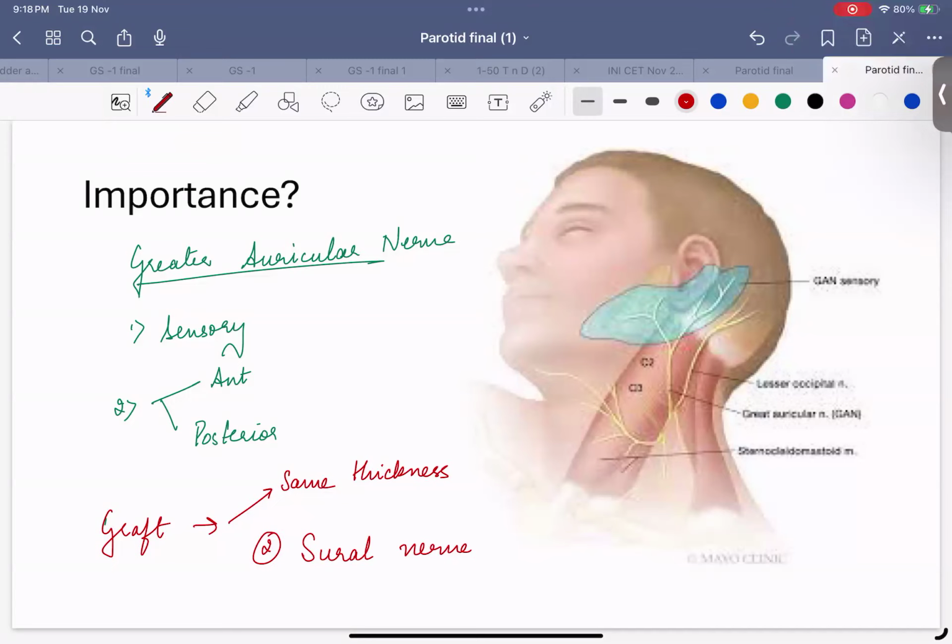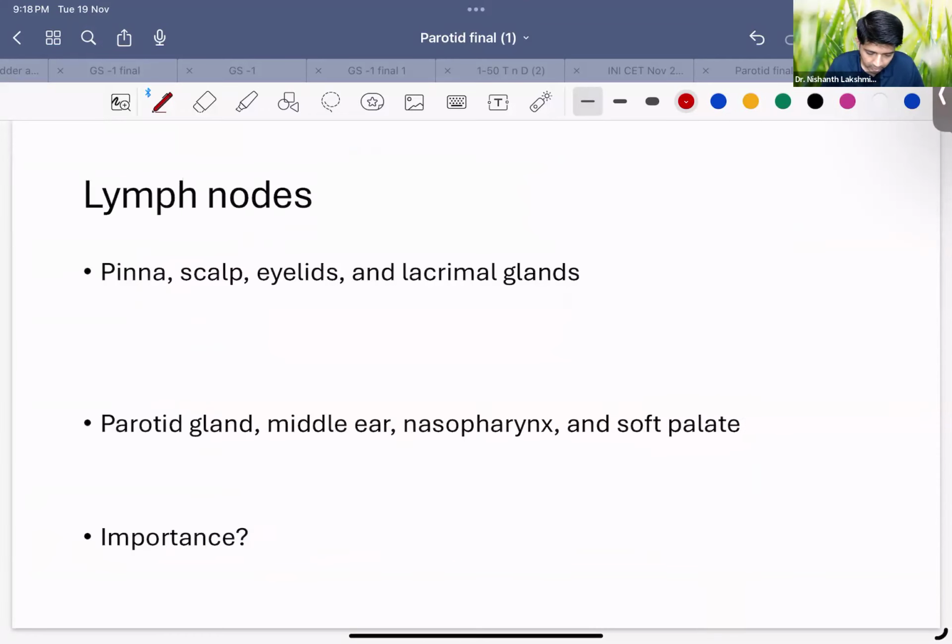With the short saphenous vein, you're going to get the sural nerve. It's behind the lateral malleolus. You just make an incision. Apart from the tendo Achilles, the only other long structure you're going to find, which is not a vein, is the sural nerve. Okay. And you can harvest however long a segment you want and then use it for the facial nerve graft in case it is needed.